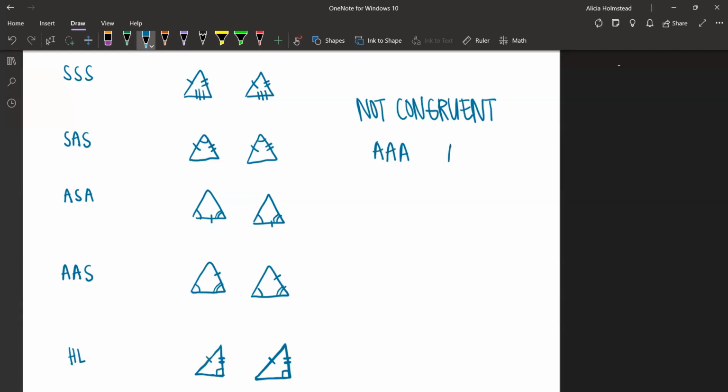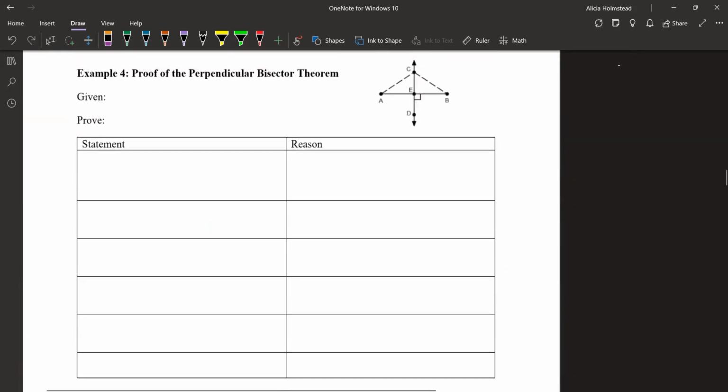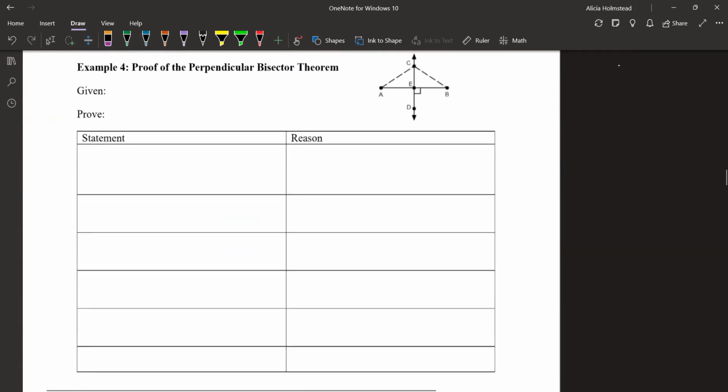In addition, angle, side, side, which if you see, that is a cuss word. So we don't cuss in math. That does not lead to congruency. So if that helps you remember, angle, side, side is also not a triangle congruency pattern. Okay, you're going to need those triangle congruencies in order to do your homework. You're also going to need them to do some of the proofs. So let's now look at example number 4.